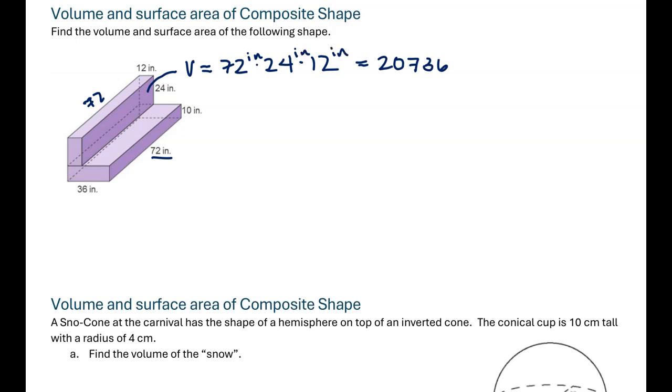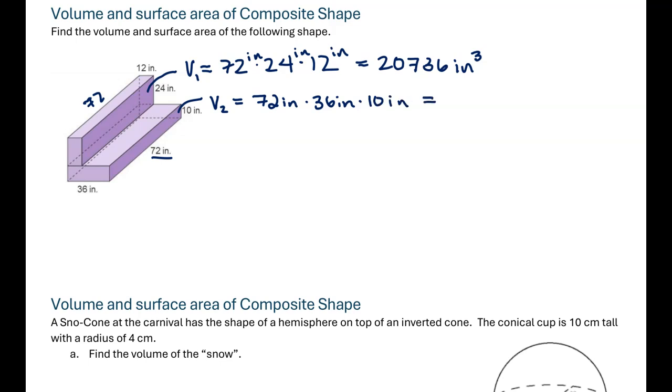So either because we know the units of volume should be cubic, or because we see that we're multiplying inches by inches by inches, we should get that our units are cubic inches. I'm going to call that V1. V2, use a little subscript there to mark these off, is going to be very similar. So I see that 72 inches long, and I see 36 inches wide this time, and 10 inches tall.